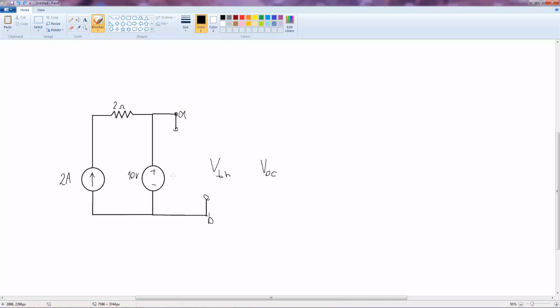Let's do it, but there's not much to do because we have just a voltage source in parallel with a resistor and a current source, and since these are in parallel and the only voltage source is this one, V Thevenin will also be 10 volts.